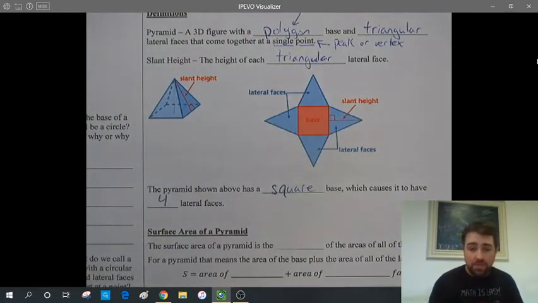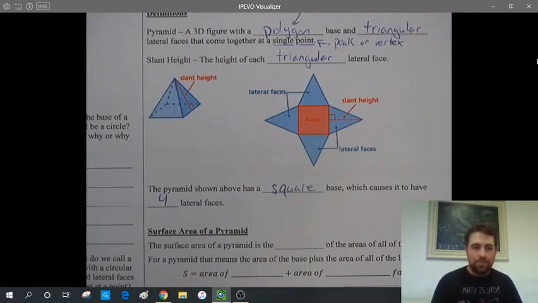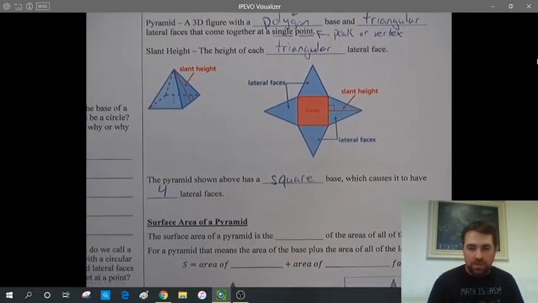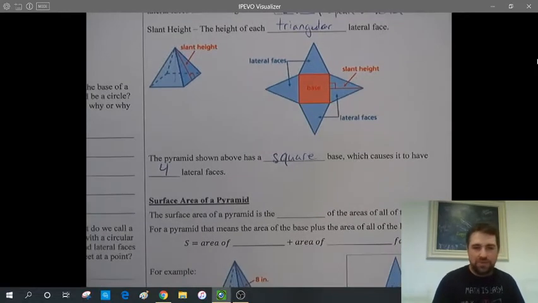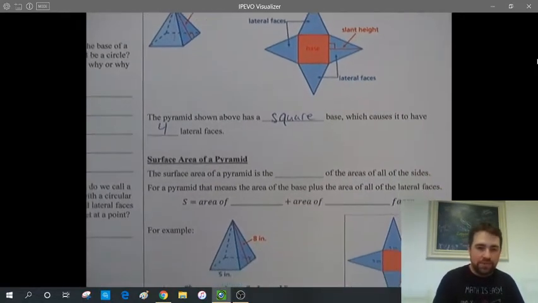So in a pyramid, the number of lateral faces is determined by the shape or the two-dimensional polygon that is the base. So if you have a triangular base, then it's going to have 3 lateral faces. If your base was a pentagon, which has 5 sides, then you would have 5 lateral faces and 5 triangles making that up. For the purpose of what we're going to be doing, we're going to focus on some triangular-based ones and also some ones that have quadrilateral bases, so either squares or rectangles. And that's really as far as in-depth as we're going to go at this point with things.